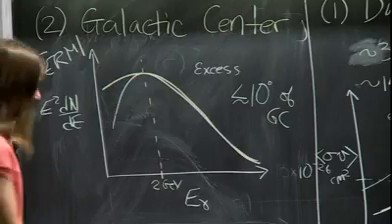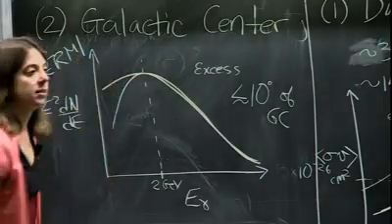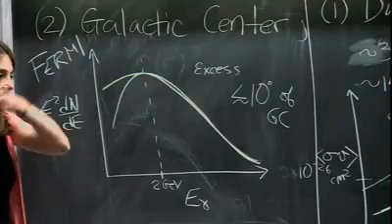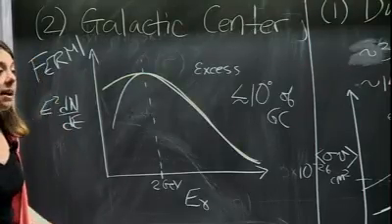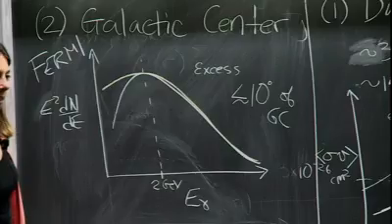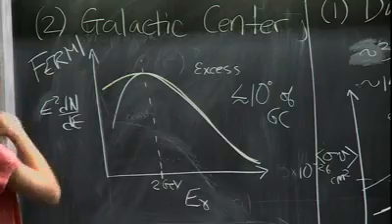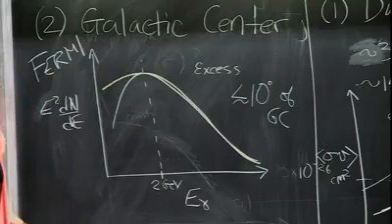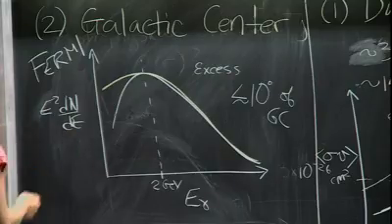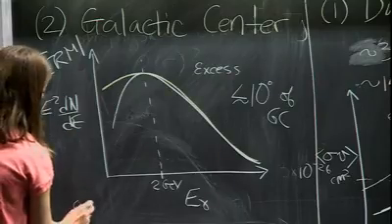I was just wondering, so I know background subtraction is also really important for direct detection. Could you compare the challenges for the two? Oh yeah, that's a good question. The backgrounds are very different between the two. In this case, most of the backgrounds are coming from cosmic rays.